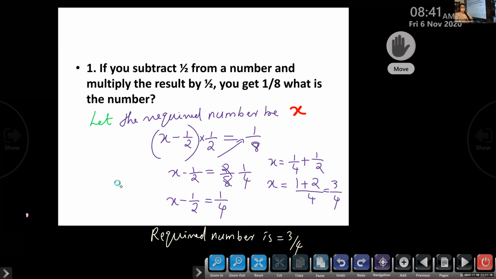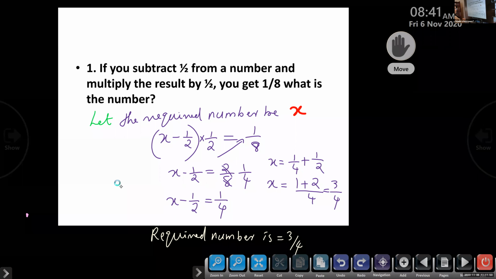What we have to find, let it be x. We are assuming that x is the required number. So from the given conditions, we are subtracting half from the required number, so x minus half, and multiplying by 1 by 2. The result is 1 by 8.